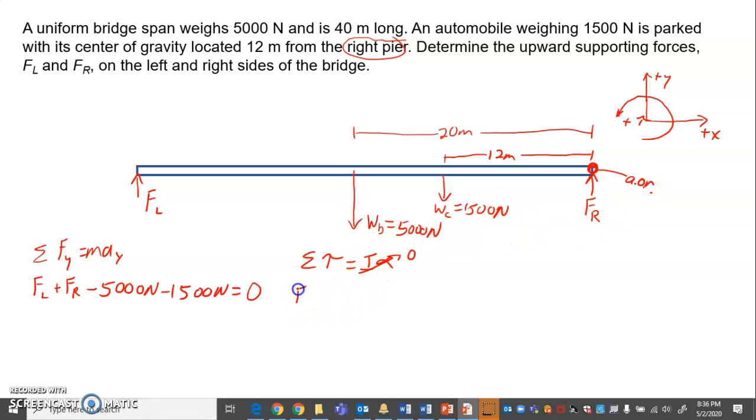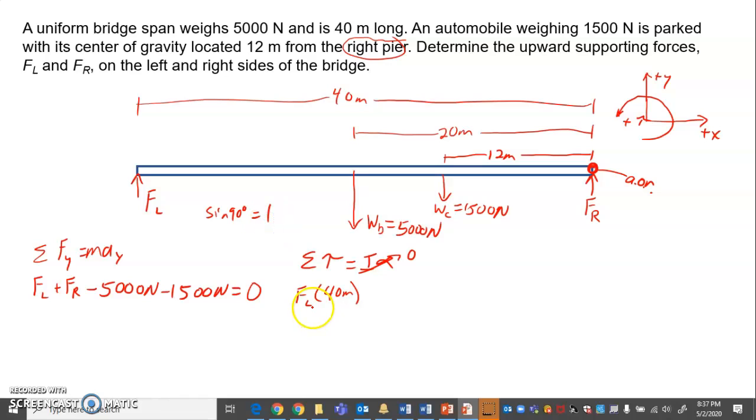So then FL times, well, I didn't label how far that is away. That's 40 meters, the entire length. So FL is acting 40 meters away. So FL times 40 meters times the sine of 90 degrees. But remember, sine 90 degrees is 1.